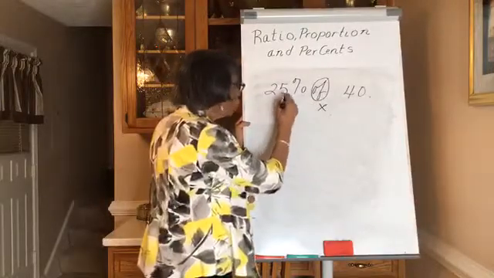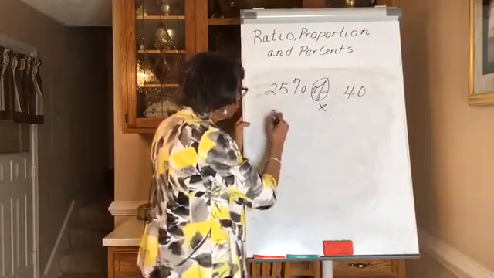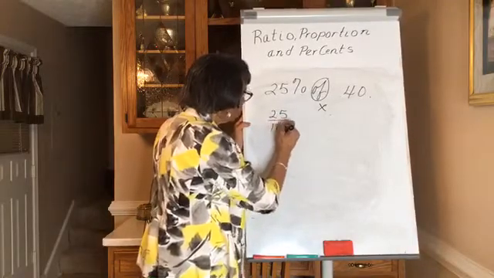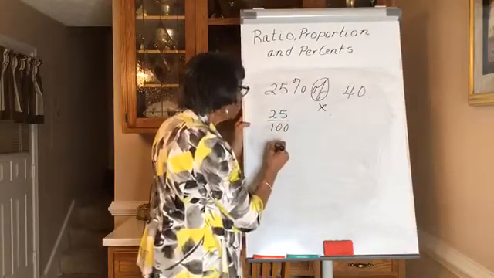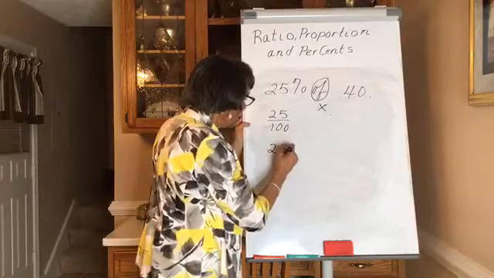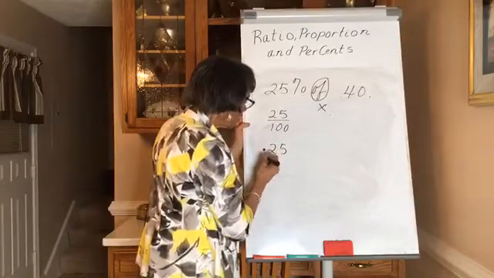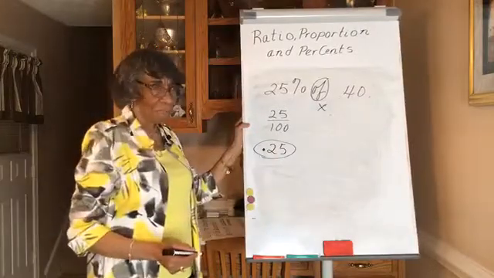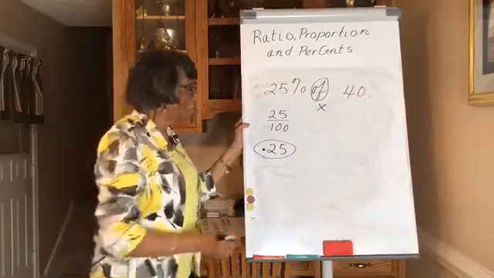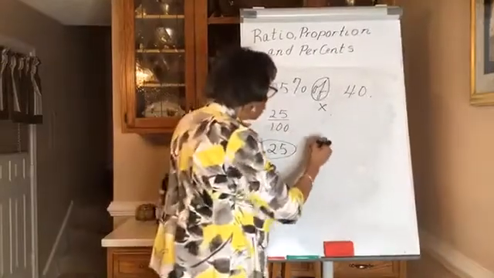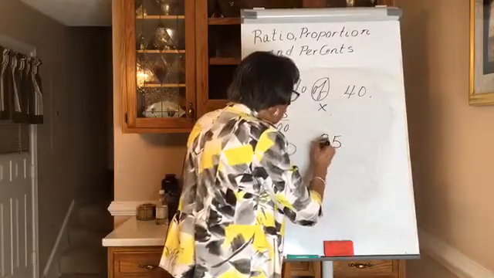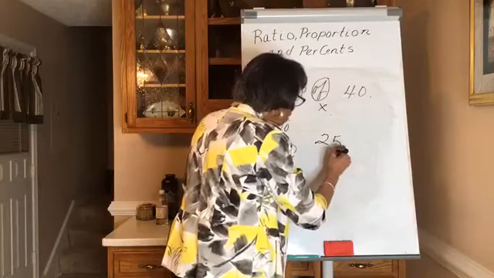So I have 2 forms that I can use. I can use 25 over 100, or I can use 25 hundredths. Now in this case, I think I would use 25 hundredths. Makes it easier. All right, so what I'm going to do is multiply 25 hundredths times 40.